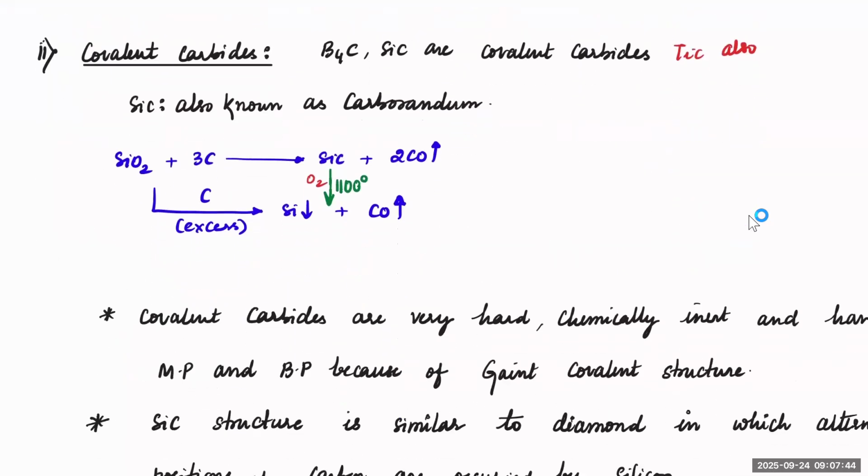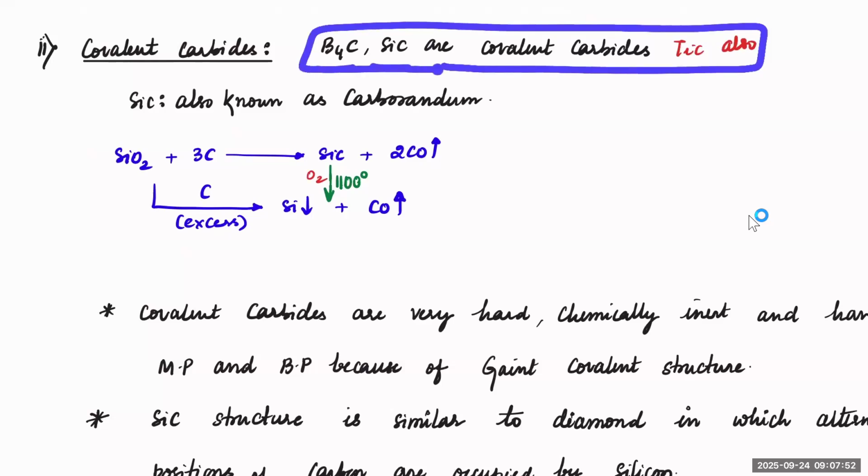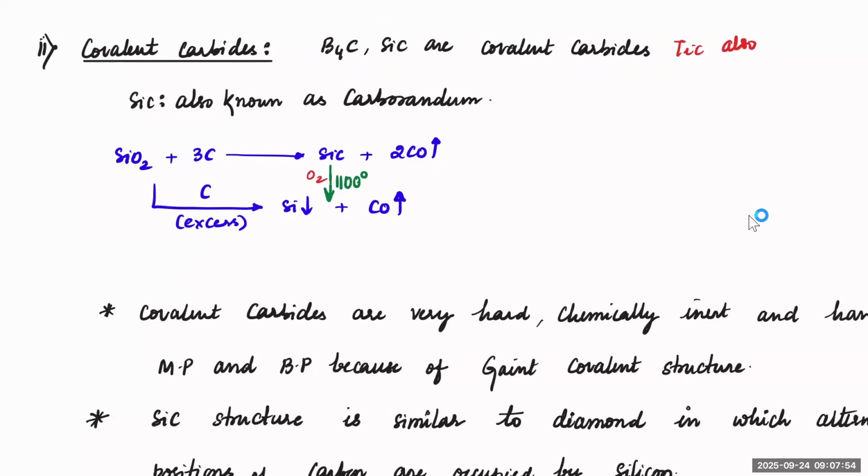And next, if you compare covalent carbides, B4C, SiC, these are covalent carbides. And even TiC is also a covalent carbide. In fact, SiC has a name, carborundum.